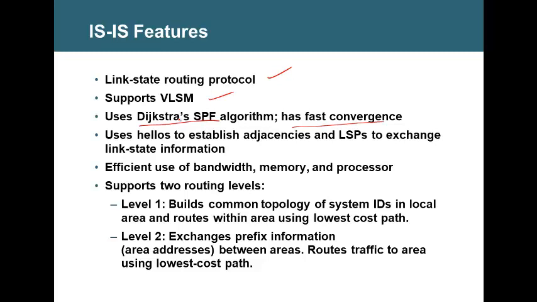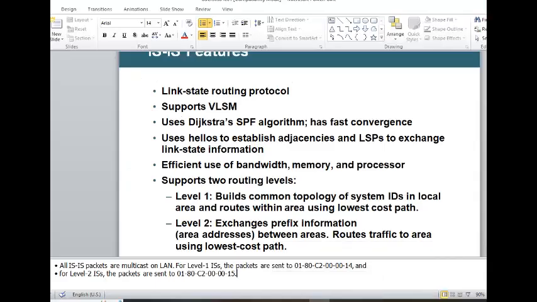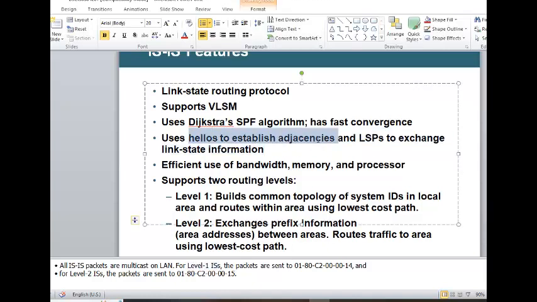If you see down here, I have added a note. The hellos establish two types of adjacency: one within the area, and another between areas. For L1, which is within the area, this is the layer 2 multicast address.